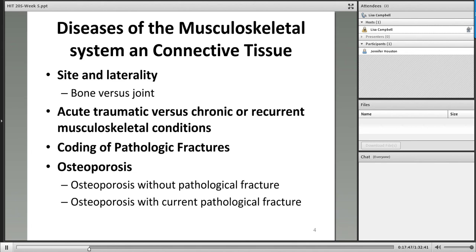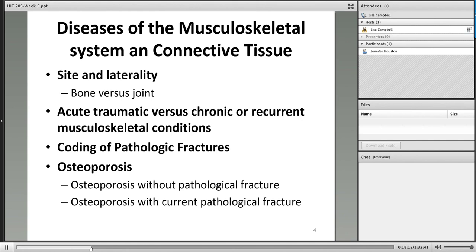But let's just focus on the A and the D right now. The A and the D represent a seventh character, and it has to go in the seventh position. So what that means is it can't be in the sixth position, it can't be in the fifth position, if the guidelines are stating that that character has to go in the seventh position.